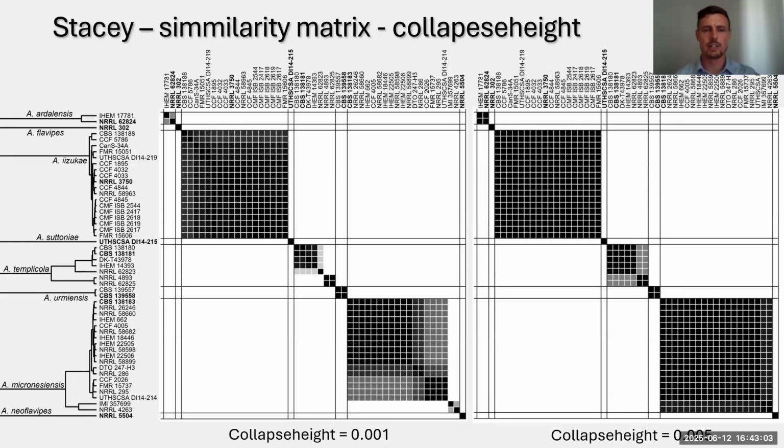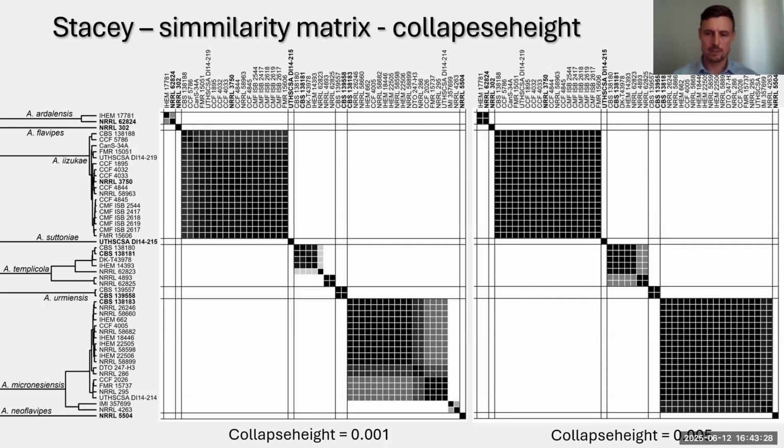So you get your data set, and then these boxes in the shades of gray show you the delimitation of your samples into the hypothetical species.